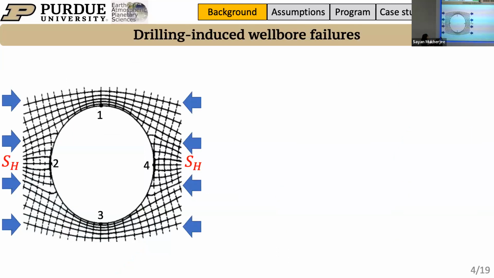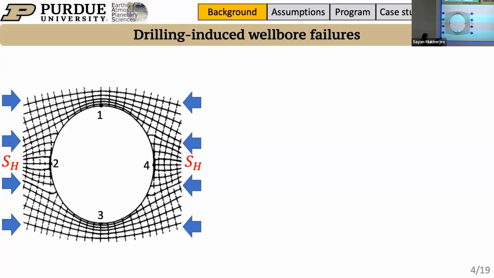And how researchers normally do stress calculation is through drill-induced wellbore failures. When we drill a wellbore, which is represented by the circle here, it will redistribute the stress around the wellbore. So the stress will be more concentrated around the 1 and 3 directions, and it will be divergent at the 2 and 4 directions.